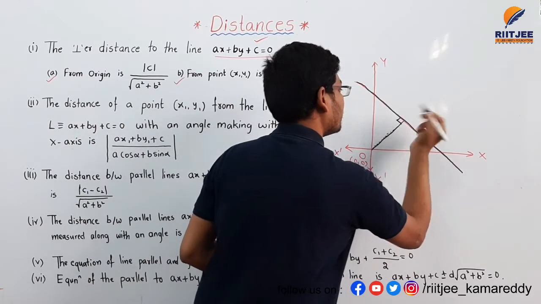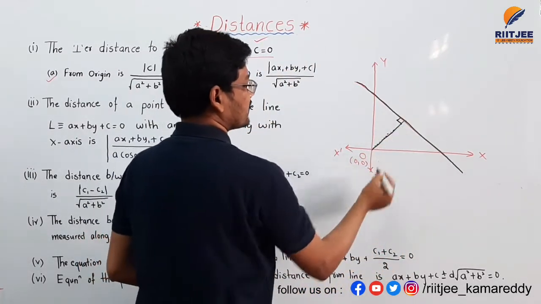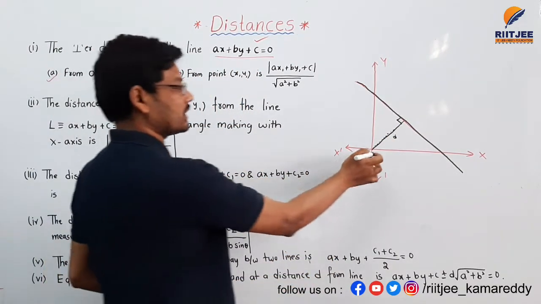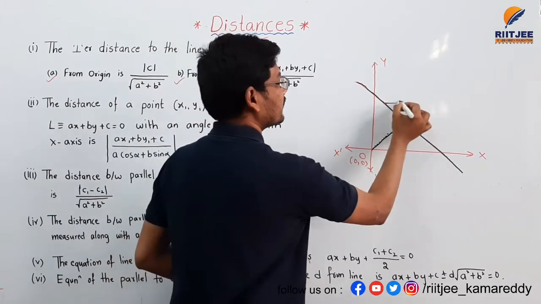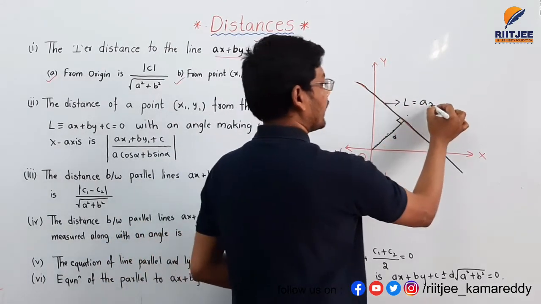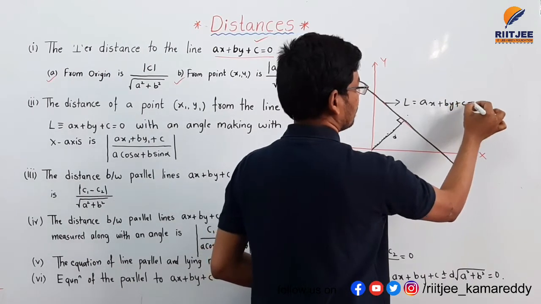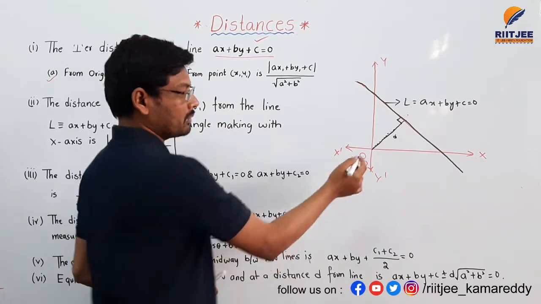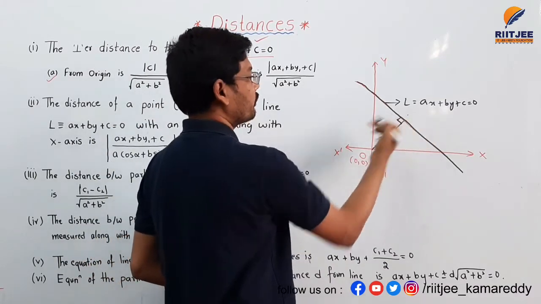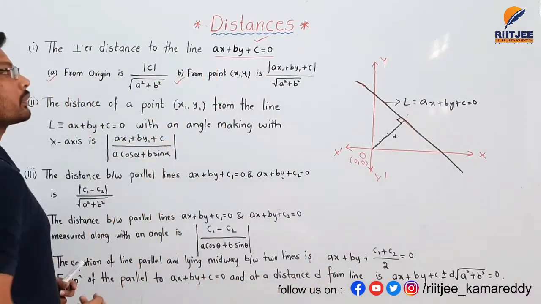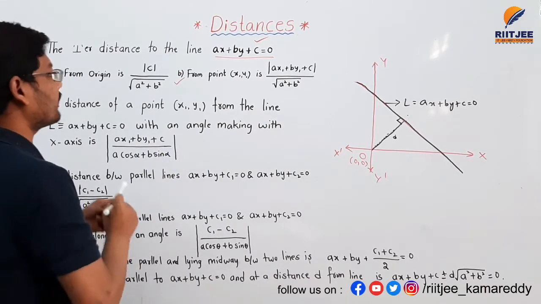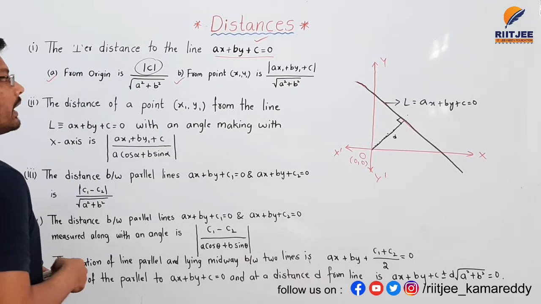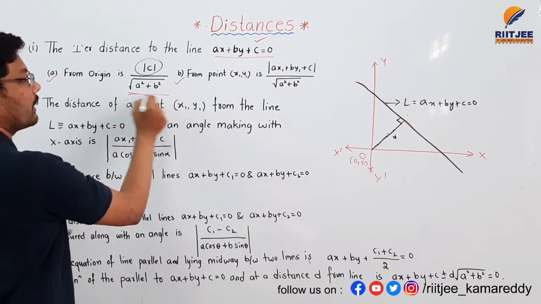This distance d, small d, is considered the perpendicular distance from the origin to the line ax plus by plus c equals 0. If you want to find the perpendicular distance from the origin to this line, the formula is modulus of c divided by square root of a square plus b square.